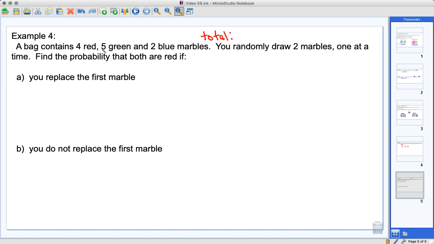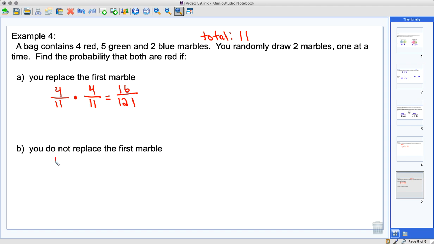So 4 plus 5 is 9 plus 2 is 11. Okay, so replace the first marble. So if I pick a red one out, that's 4 out of 11. That's my probability. Times, so I replace it, so I put it back, 4 out of 11. So we get 16 out of 121 would be my probability.